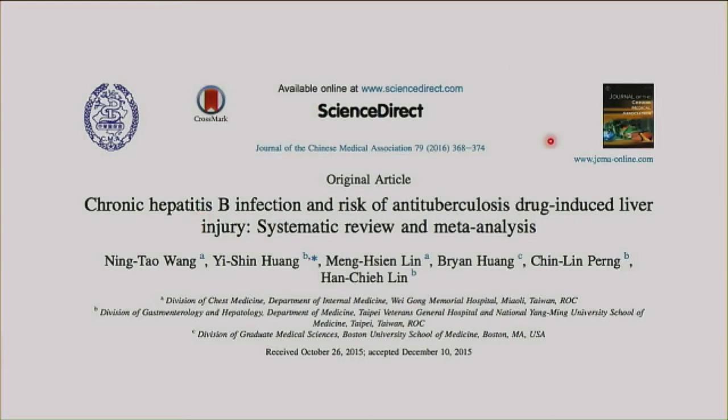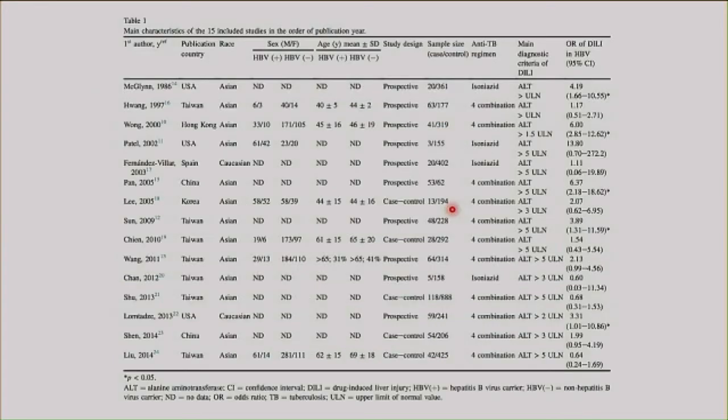Now let's see the condition, the comorbidity of chronic liver disease, for example, hepatitis B or C in DILI. There is a systematic review in 2015 in China. They show that if the person uses anti-tuberculosis drugs in a person with hepatitis B, the DILI risk is increased.